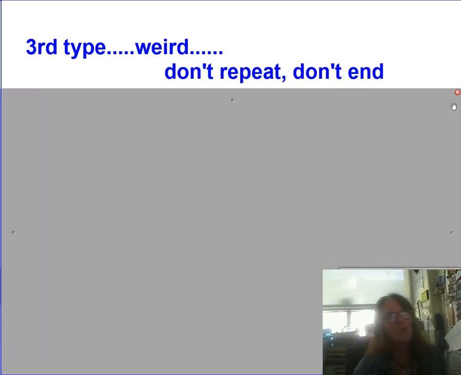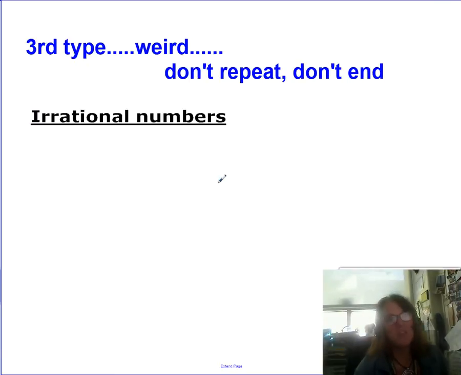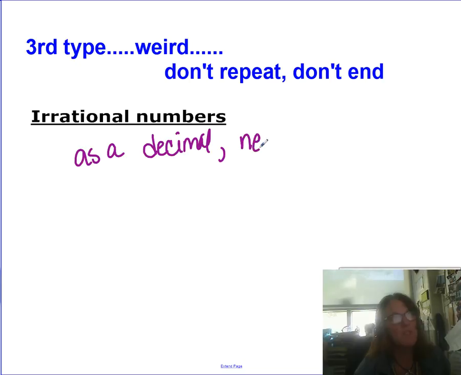That's what we call the irrational numbers. When you try to write them as a decimal, they never repeat and they never terminate. In other words, they never stop.